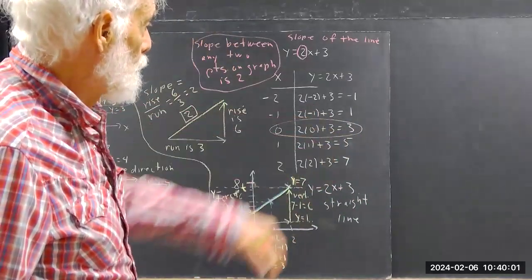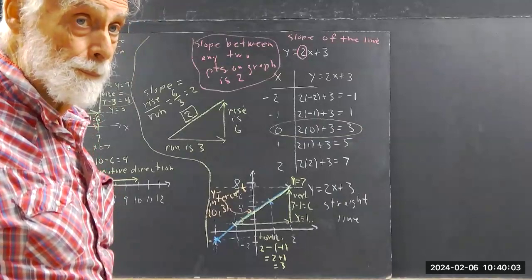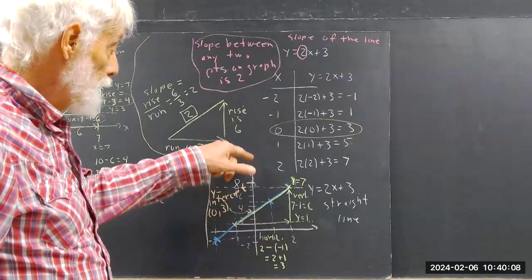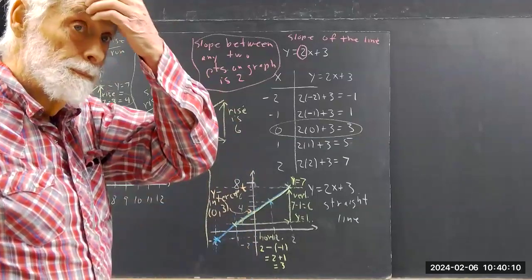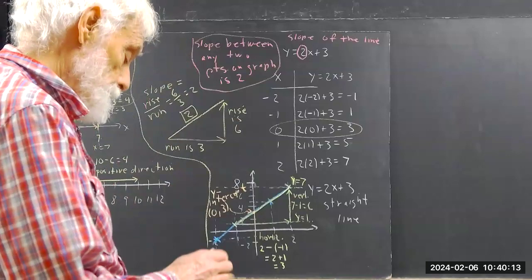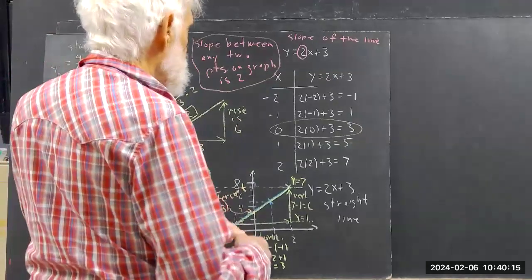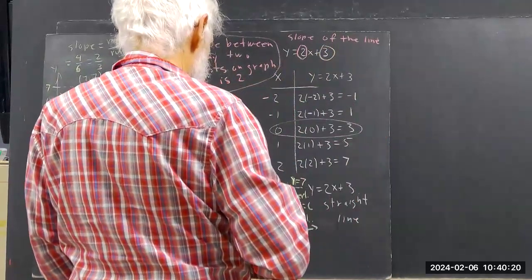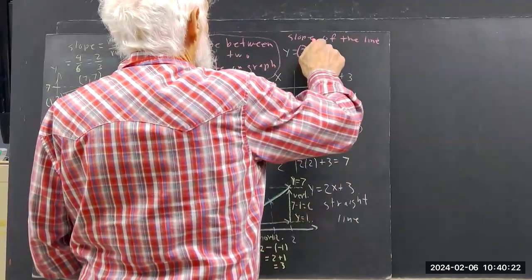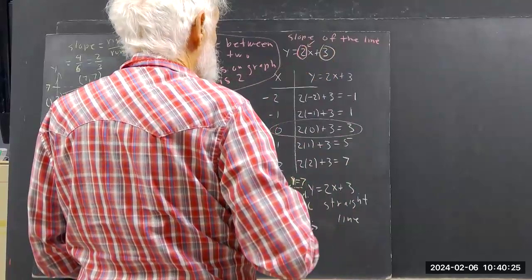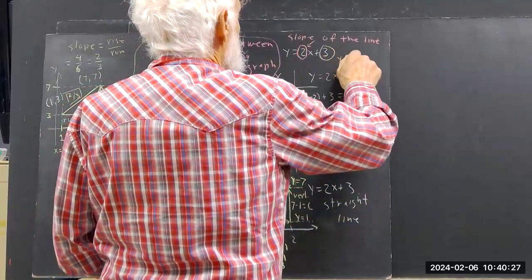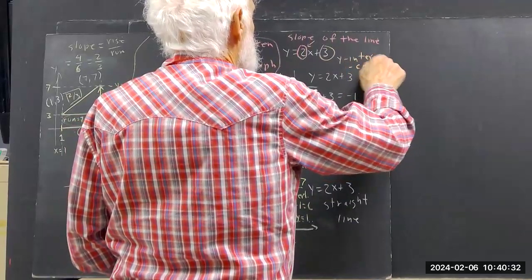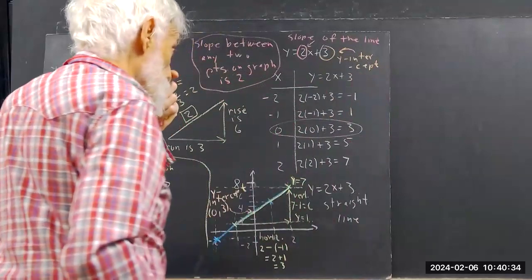When X is 0, we know that Y is 3, right? And the y-intercept occurs when X equals 0 because the y-axis is the X equals 0 line. Well, where do we see that 3? Well, it's right here. There's the slope of the line. Here's the y-intercept.